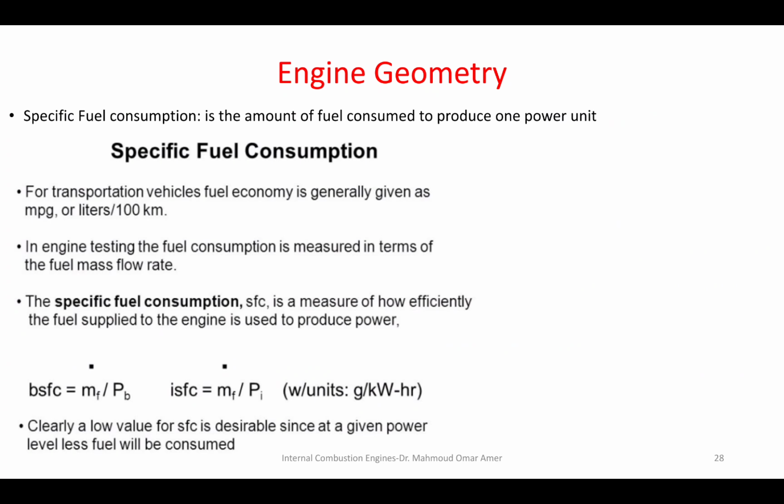Why can't we depend just on the fuel flow rate as an indication of the fuel consumption? Why? If a car consumes, for example, 10 liters per 100 kilometers, and another car consumes 11 liters per 100 kilometers, which one is more efficient?